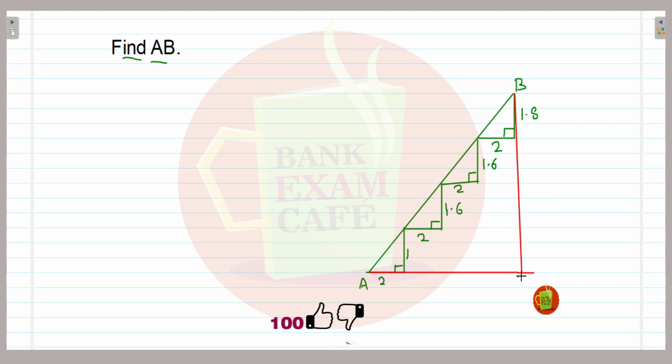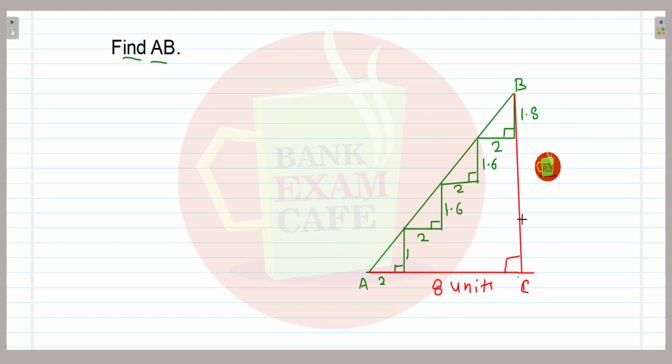They will meet at one point, and let that point be point C, and this angle will be a right angle, so ABC will be a right angle triangle. You can find AC as this will be 2 units, this will be 2 units, this will be 2 units and this will be 2 units. So AC will be equal to 8 units.